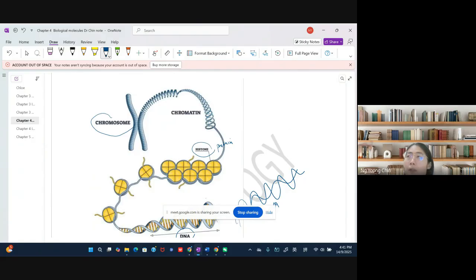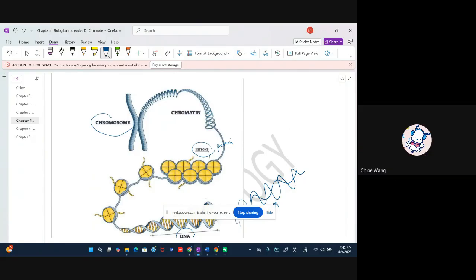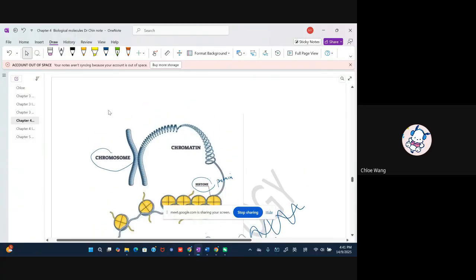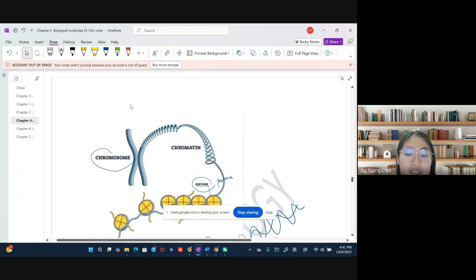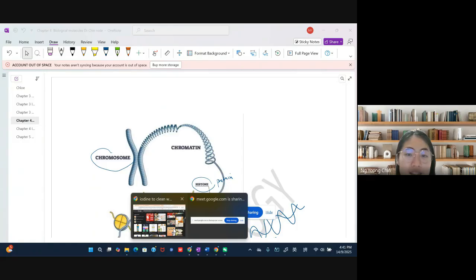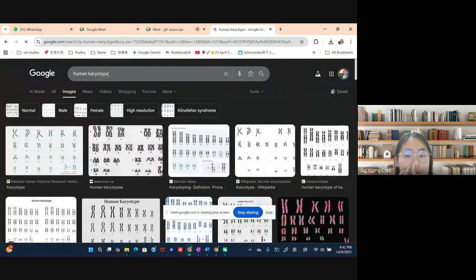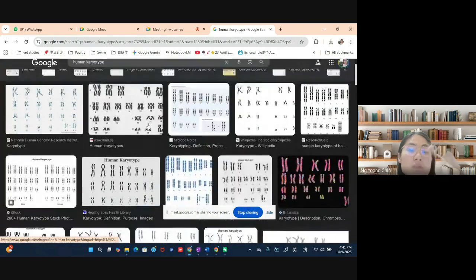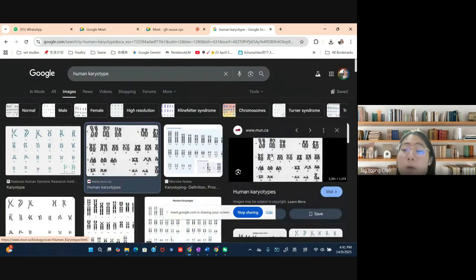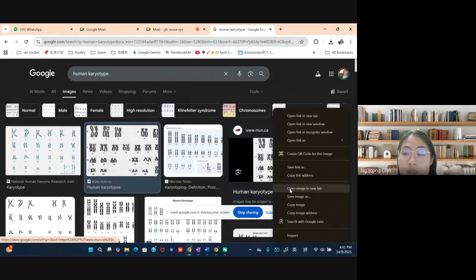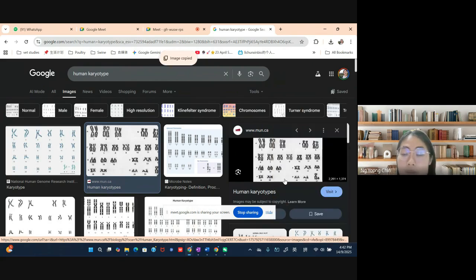Okay, Chloe, how many chromosomes are in our body? Okay, the number of chromosomes is about, okay, let me show you. This one. Have you heard of human karyotype? Let me show you. See, this is our human karyotype in every one of our body cells. So how can they get this karyotype?